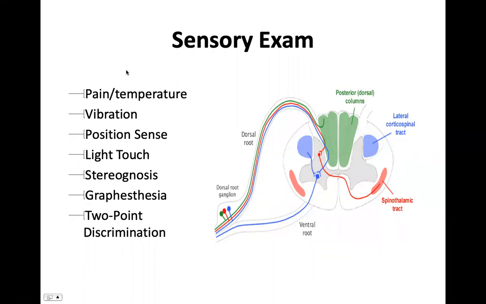And light touch is more anterior, a little bit behind the spinothalamic tracts. And the lateral corticospinal tracts are actually motor tracts. So they're a little bit different. Again, just be conscious of the fact that you want symmetry, and if you find asymmetry, then that's a problem.